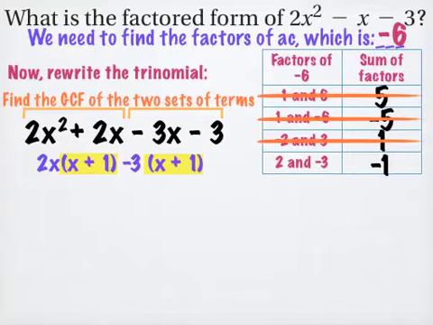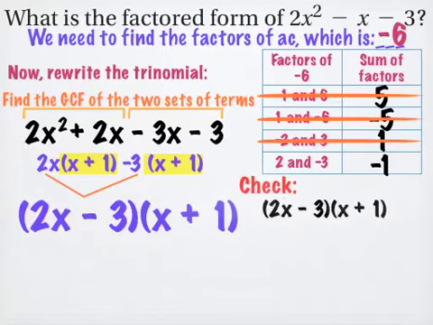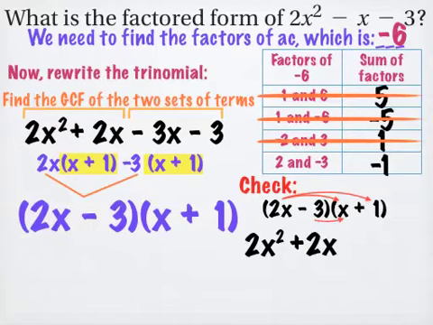I'm going to combine the terms outside of my binomials, outside of the parentheses. 2x minus 3 combines to give me a binomial, 2x minus 3, and then x plus 1 is left alone and just brought down. Go ahead and check your work. 2x times x is 2x squared. 2x times 1 is 2x. -3 times positive x is minus 3x.